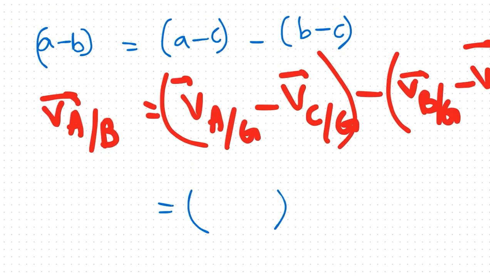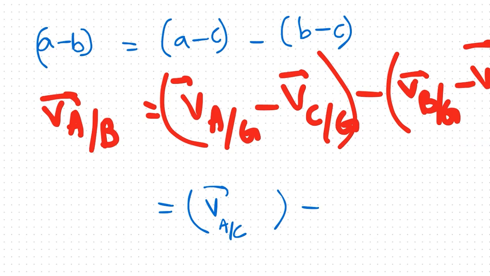That would be the velocity of A with respect to C, minus what? What is this now?